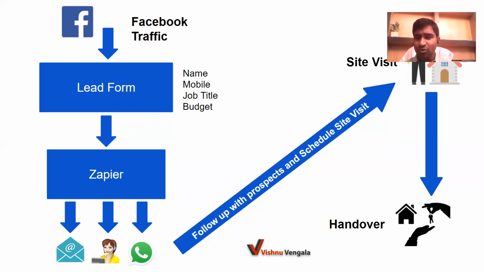Also, immediately your telecalling team is going to call your potential customer by name, answer all their questions and schedule a site visit, and your sales team at the site visit will persuade your potential customer to buy your project.